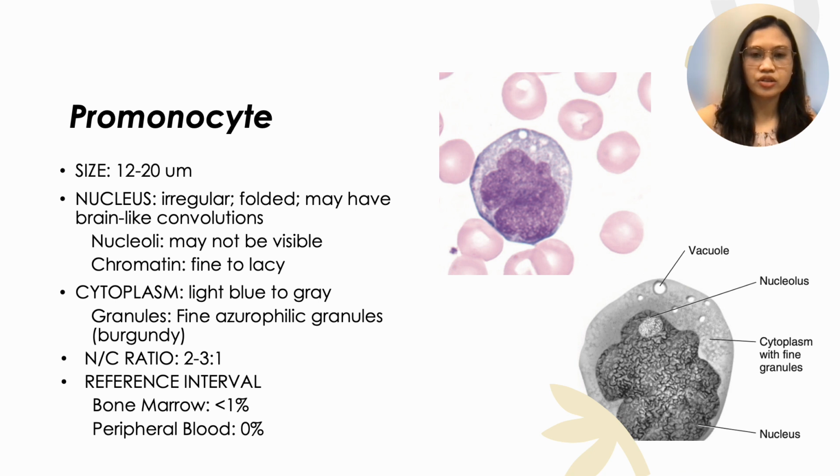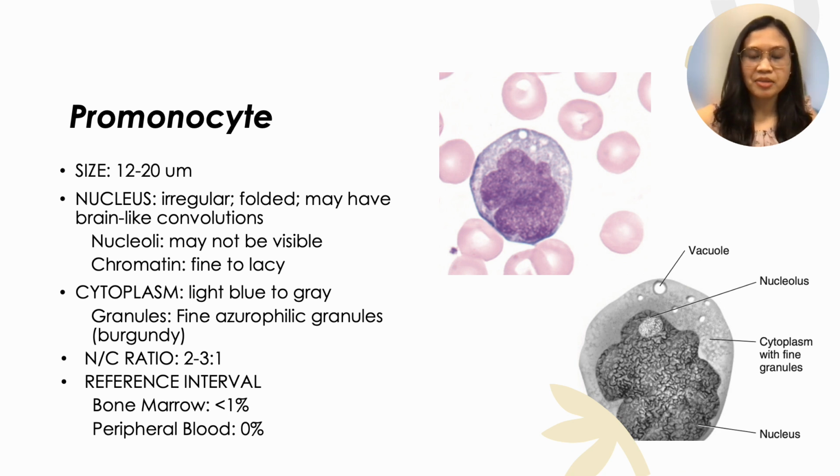Inside the bone marrow, the monoblast develops into promonocyte. The promonocyte, therefore, is the second recognizable precursor of the monocyte. It has a size of 12 to 20 micrometers, an irregular folded nucleus that contains brain-like convolutions. Inside the nucleus, the nucleoli may not be visible. However, the nucleus of the promonocyte will have a fine to lacy chromatin pattern.